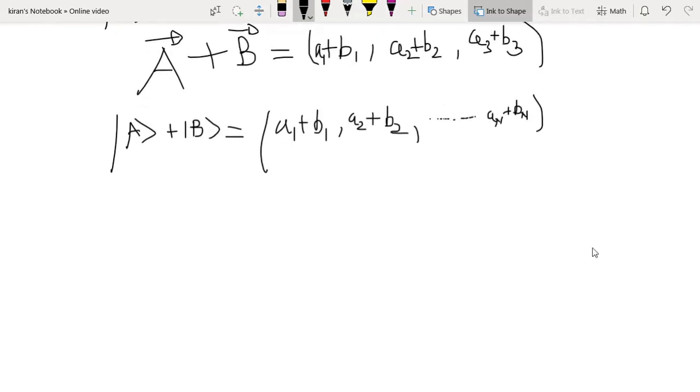If you want to multiply a vector, let's say some vector a, with a scalar c, then it will simply be multiplying each component by c: c a1, c a2, c a3, up to c an.